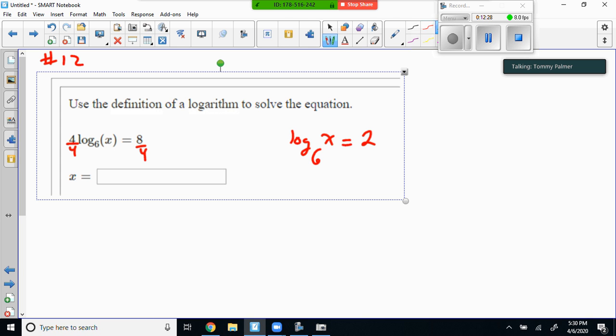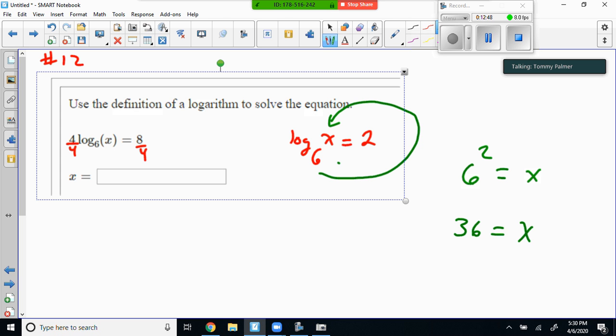Do you remember doing this back in the 6.1 section? You're solving for this, right? How do you solve for a log? Use the definition of a log to solve the equation. You change it over into an exponential, backwards, see? So 6 squared is equal to x. So 36 is x. There you go.